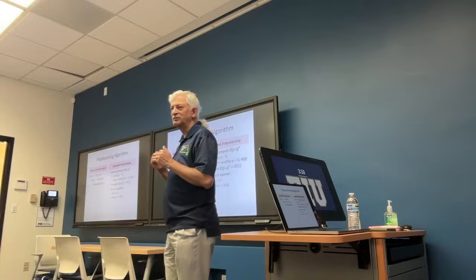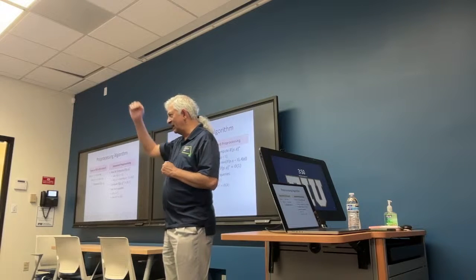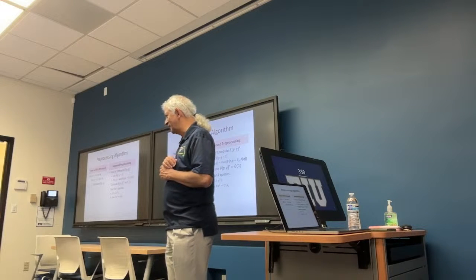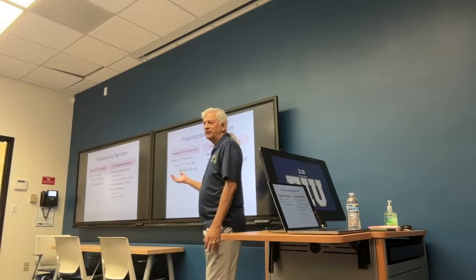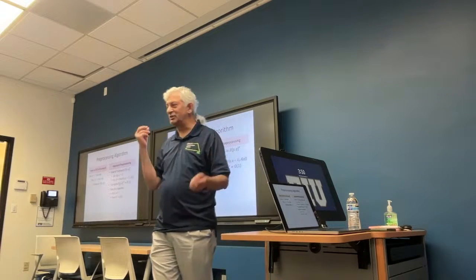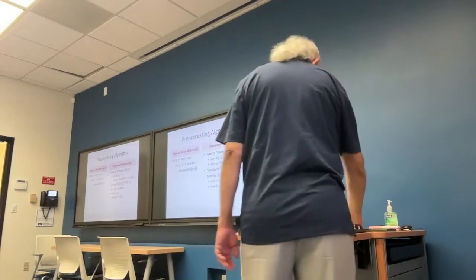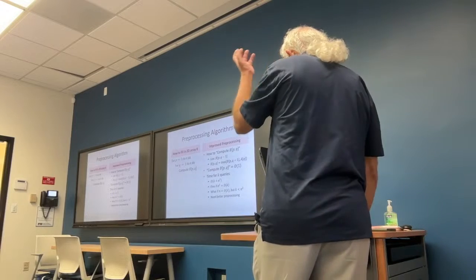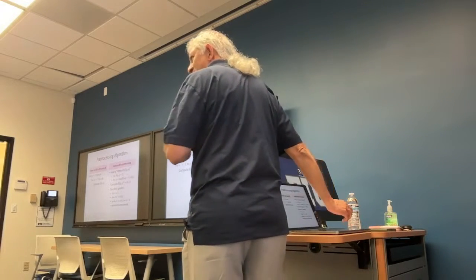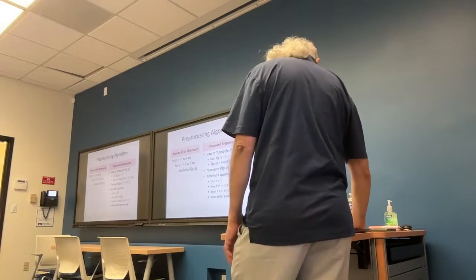So my pre-processing cost went down from n cubed to n squared. Is that clear? But that didn't change the time for the queries because the query cost is just constant anyways. It's really, really fast. Okay? So it turns out you can do even better, and that's where we're going to head today.